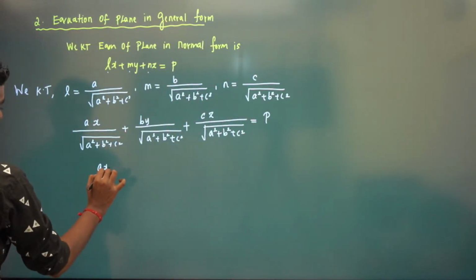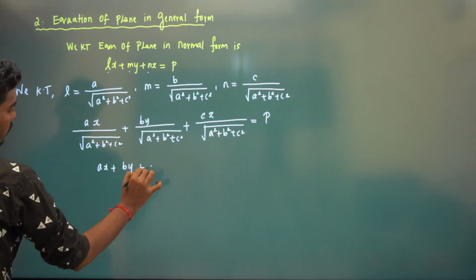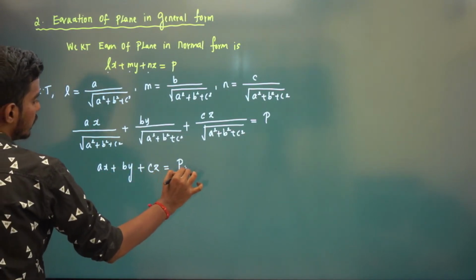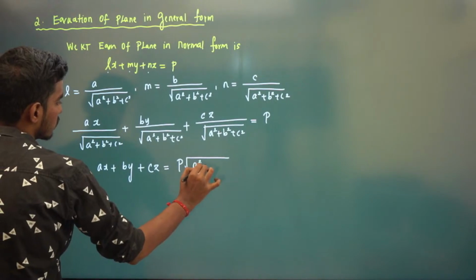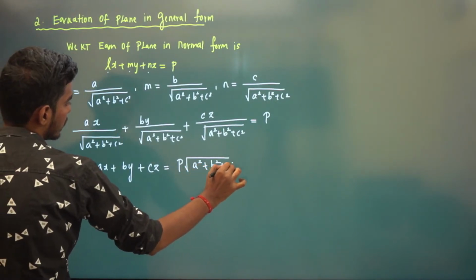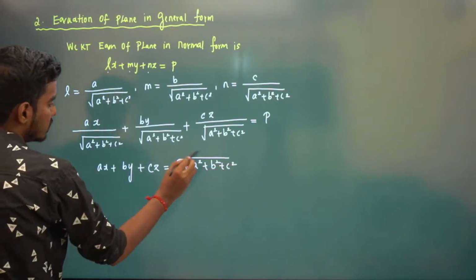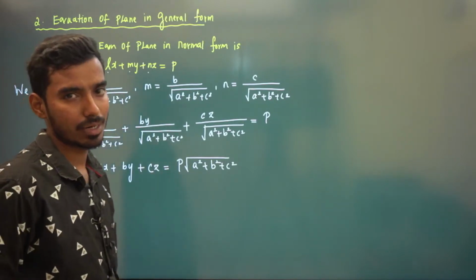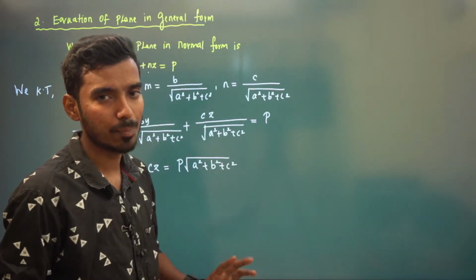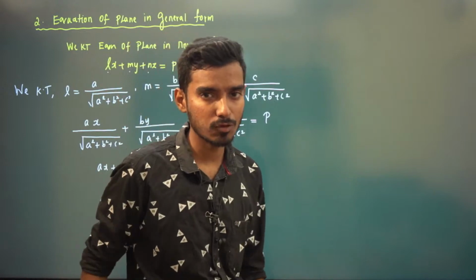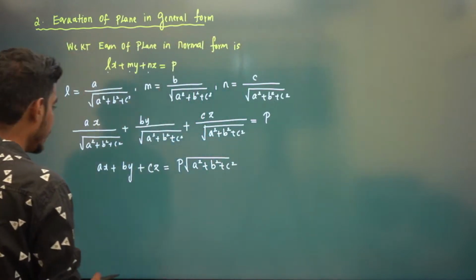So we will have AX plus BY plus CZ is equal to P into root of A square plus B square plus C square. This is going to be some real number.